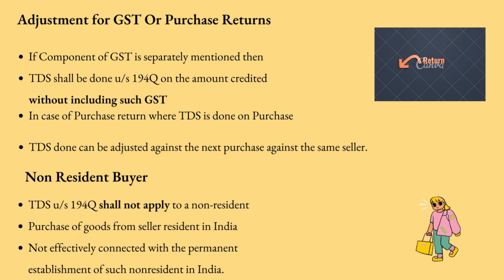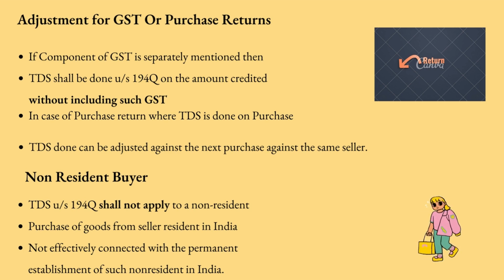Accordingly, with respect to TDS under Section 194Q of the Act, it has been clarified that when tax is deducted at the time of credit of the amount in the account of seller and in terms of the agreement or contract between the buyer and the seller, the component of GST comprised in the amount payable to the seller is indicated separately, tax shall be deducted under Section 194Q of the Act on the amount credited without including such GST.